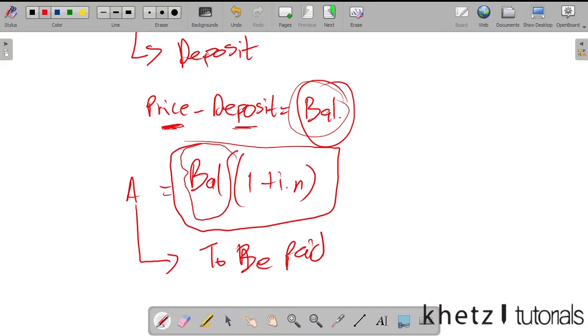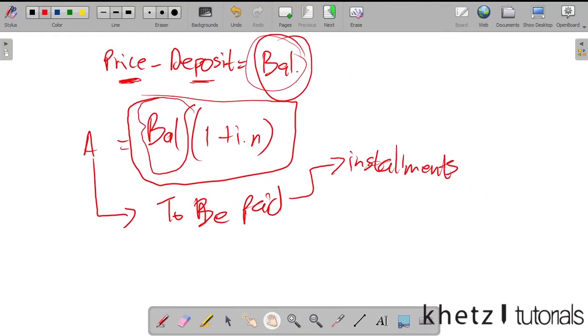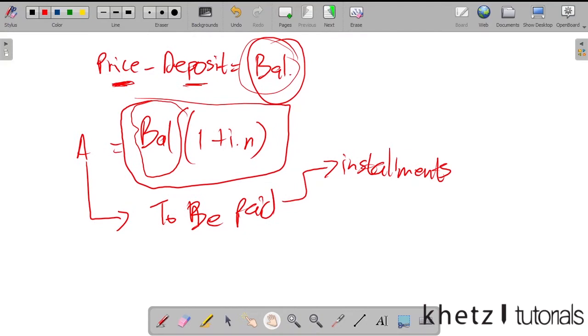Now this amount is to be paid in installments, and you can simply divide by the period that you're supposed to pay this in. So let's say you're expected to pay in a year, so basically you're going to divide this by 12.